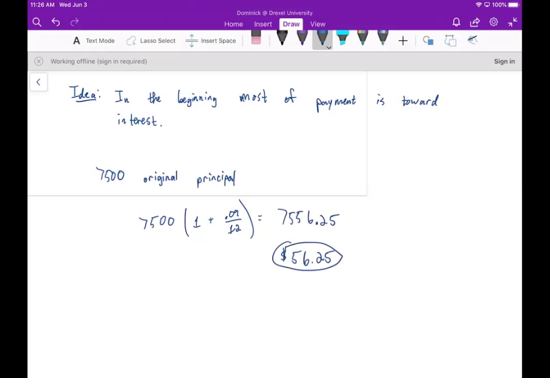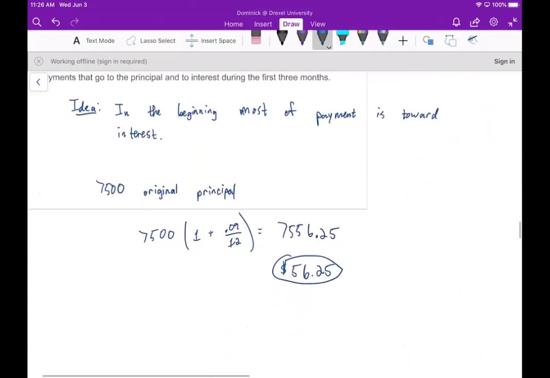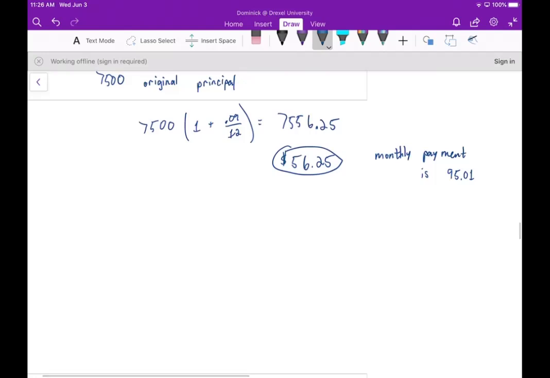But your monthly payment that we saw in the last example was $95.01. So what's the percentage of the monthly payment that's going towards interest? Well, 56.25 is going towards interest out of 95.01.